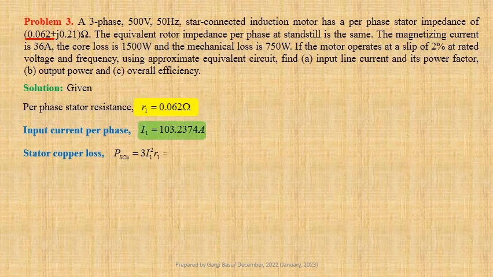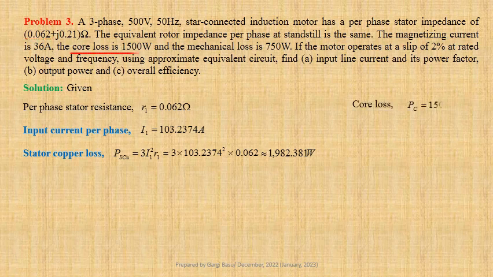Using values, we get 3 into 103.2374 square into 0.062, which is approximately equal to 1982.381 watt. Given core loss PC equals 1500 watts. Since rotor core loss is negligible, we can write stator core loss PSI equals PC, that is equal to 1500 watts.